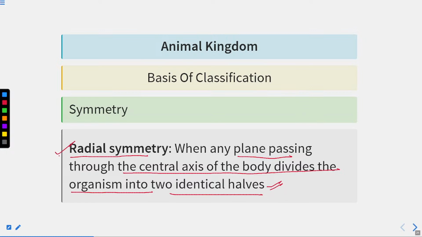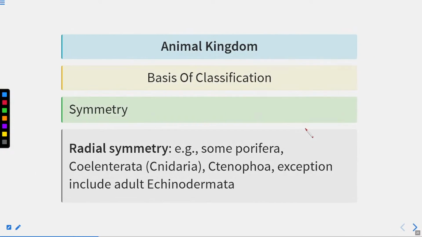Then it is called radial symmetry. So some porifera also show radial symmetry. All the Coelenterata, that is Cnidaria, Ctenophora, right? And some Echinodermata, that is the starfish, also show radial symmetry, right? So these are some of the examples that show radial symmetry.